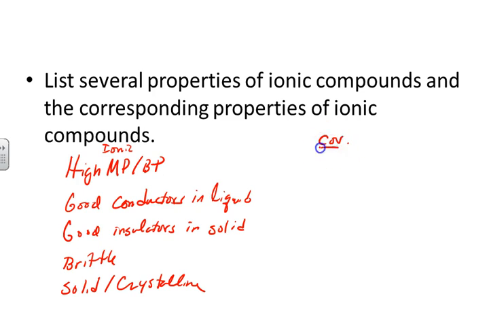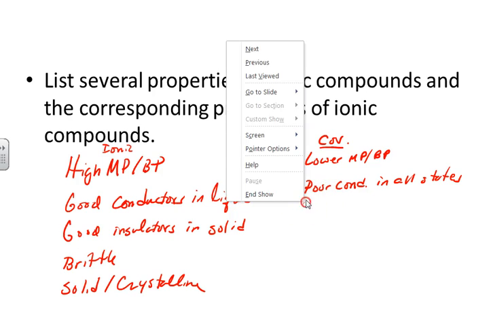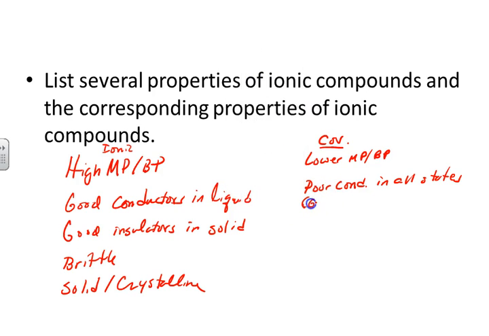Covalent, corresponding properties: lower melting points and boiling points, poor conductors in all states, so that actually makes them good insulators in all states.